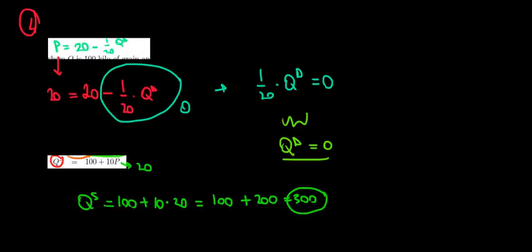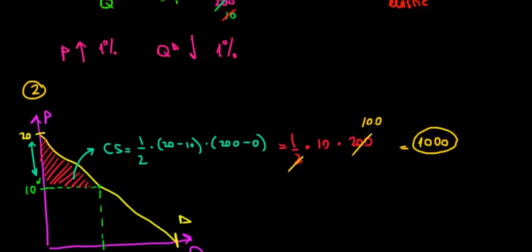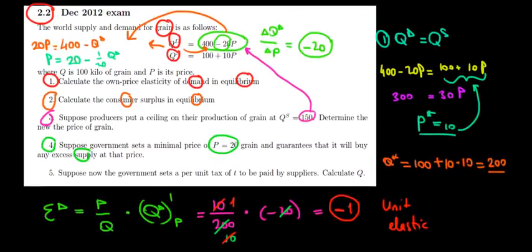So we want to see how much it costs. 300 times 20 gives us $6,000. So the government has to pay all this money to buy all that grain because no consumer wants to buy. That's what it means. So that was question 4. The last question has to deal with the taxes, and let's leave it for the next video.